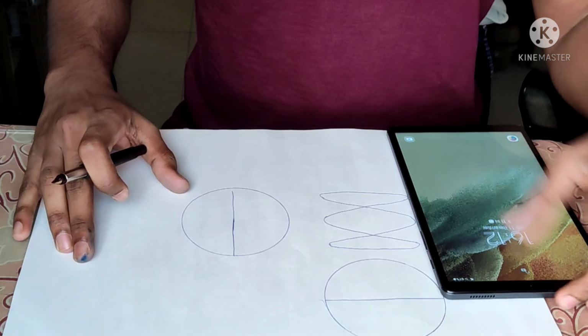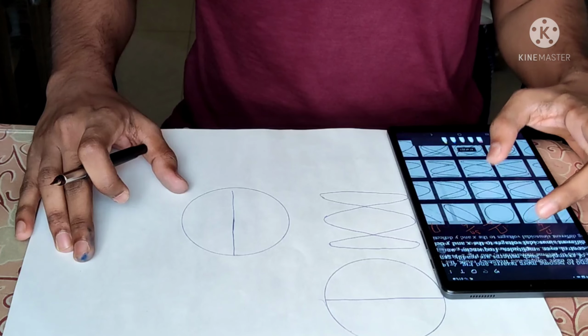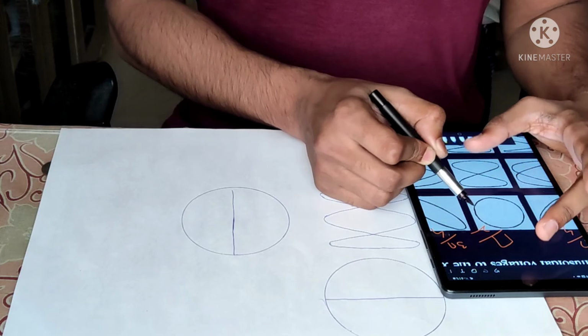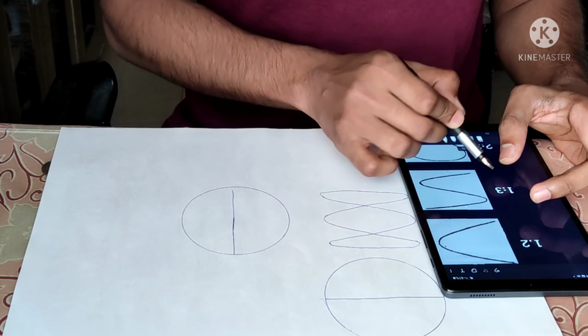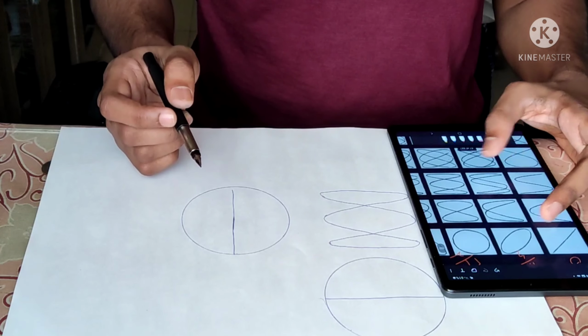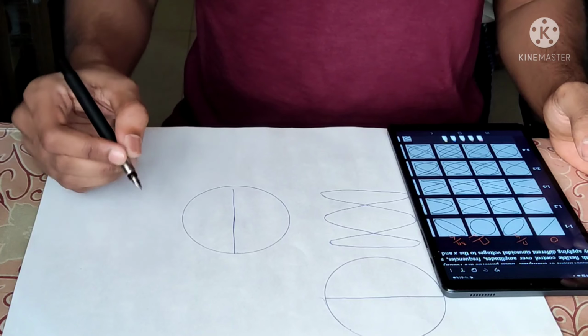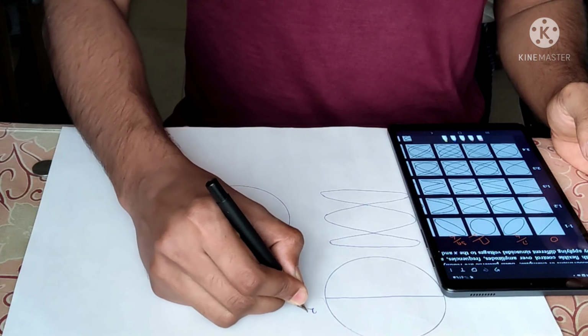So the phase difference is pi by 2, and the angular frequency ratio is 1 by 3. I will be assuming this as 1 omega naught and this as 3 omega naught.